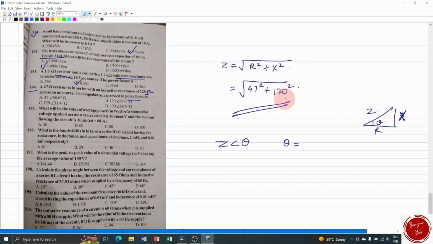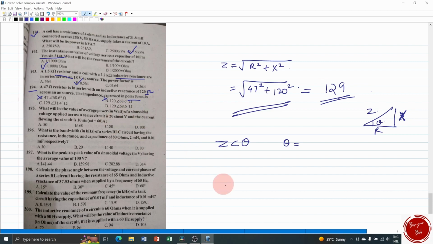Anyway, this Z value is not going to be 47 because Z value is greater than 47, also Z is greater than 120. So we can easily eliminate options A and B. Now next option C is having the Z value same. So we can confirm that this value is going to be 129 alone. Okay, now our next duty is to check out the theta value, if it is 31.4 or 68.6.